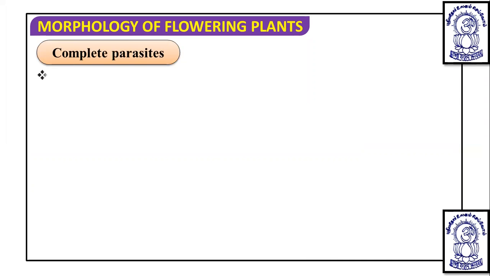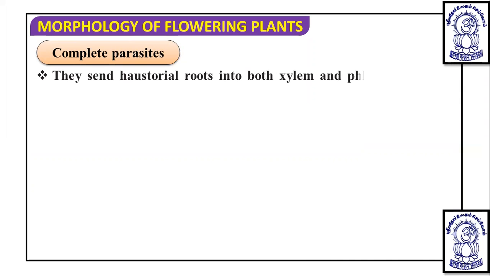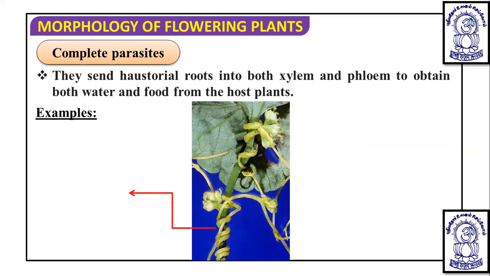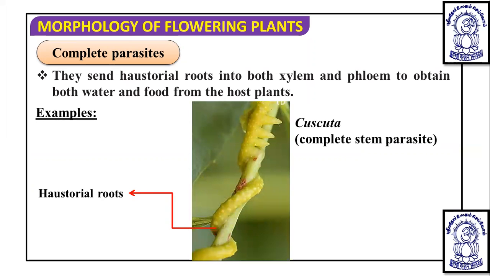Some are complete parasites, means they are dependent on another plant for water, mineral and food. So they send their haustorial or sucking root into both xylem and phloem to obtain both water and food from the host plant. In such an example, you can see the haustorial roots here, they are sending them particularly to get all food, and Cuscuta is seen, that is a complete stem parasite.